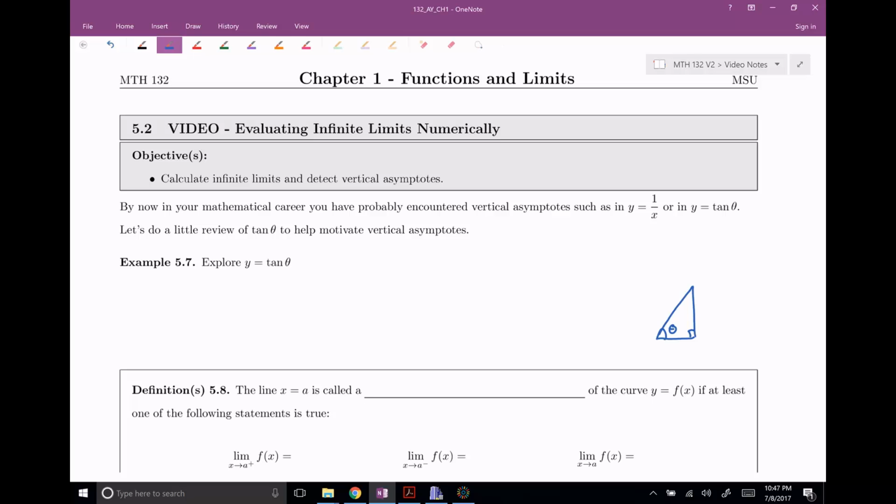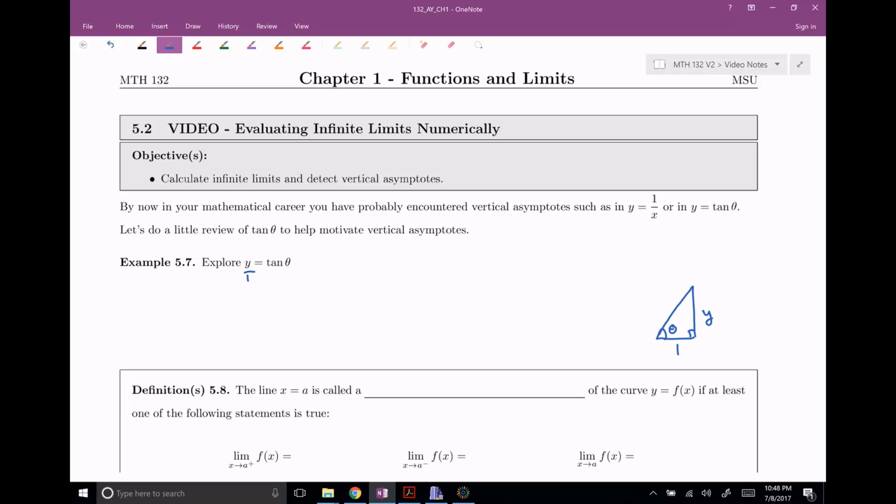And the claim is that tangent was equal to the opposite over the adjacent legs, right? So if I do tangent of theta equals y over 1, the opposite could be y, and the adjacent could be 1. So here's an example of a triangle where tangent of theta is equal to y.